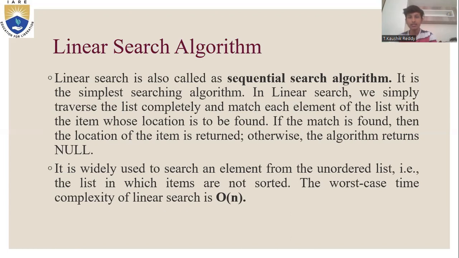In linear search, we simply traverse the list completely and match each element of the list with the item whose location is to be found. If the match is found, the location of the item is returned. Otherwise, the algorithm returns null. It is widely used to search an element from an unordered list, that is, a list in which items are not sorted. The worst case time complexity of linear search is O(n).